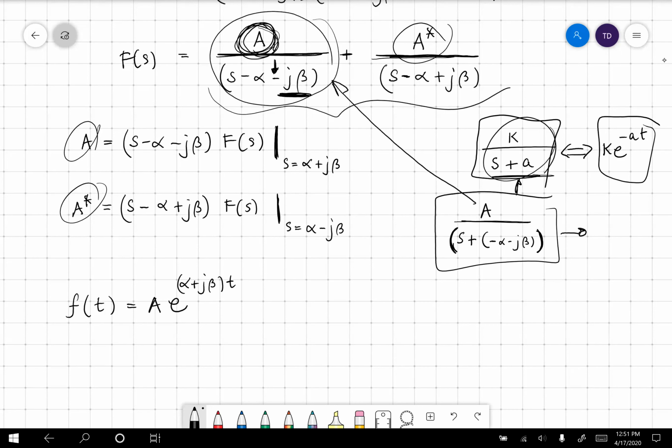That doesn't change. It's still a simple pole. So we follow the same rules. All right, well, let's see what that is. It's this fraction here without s plus 1 in the denominator: s over s squared plus 2s plus 2, evaluated when s equals minus 1.